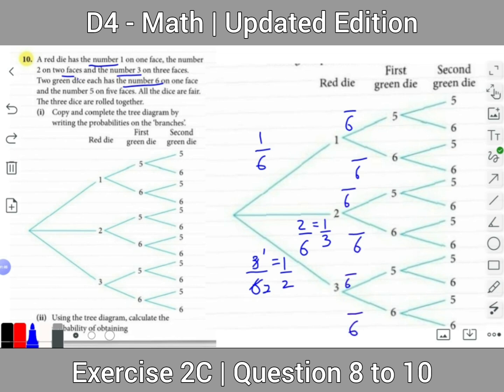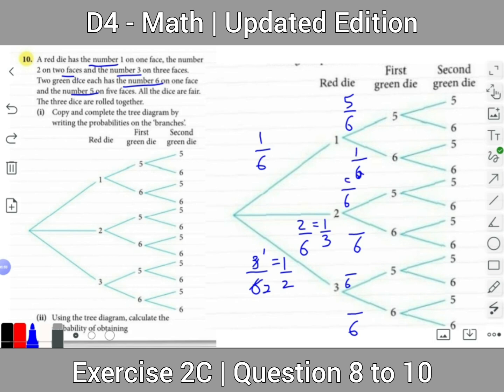Now for the first green die, the number 5 appears on 5 faces, so the probability for the number 5 on the first green die is 5 over 6. Now for the number 6, the number 6 is only on one face, so the number of favorable outcomes is 1, so here we have 1 over 6.